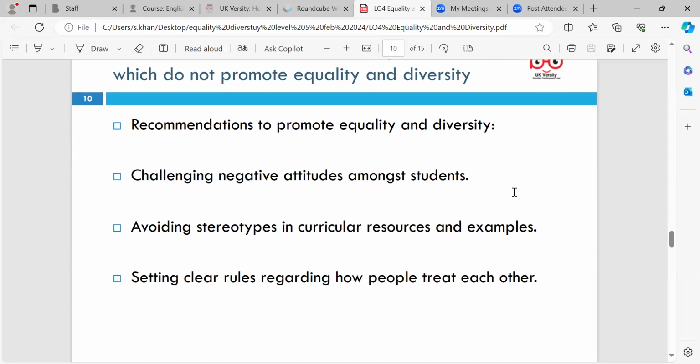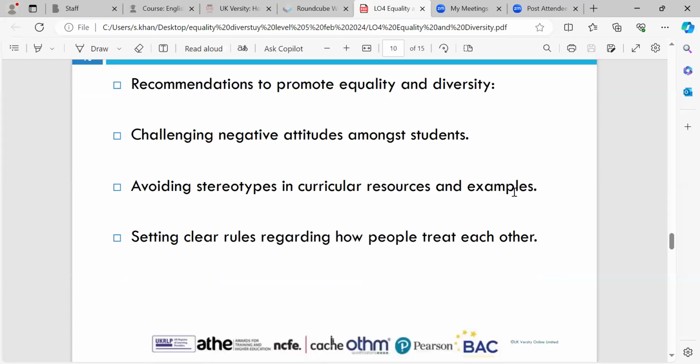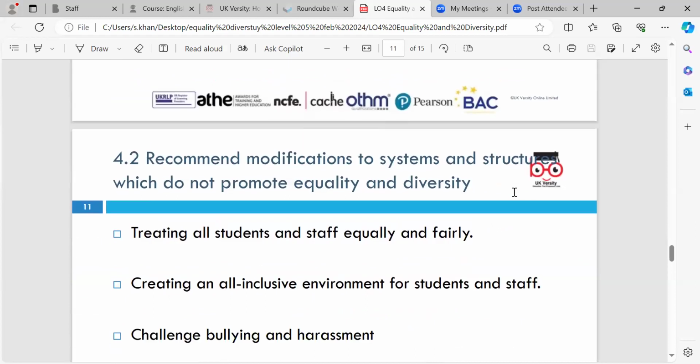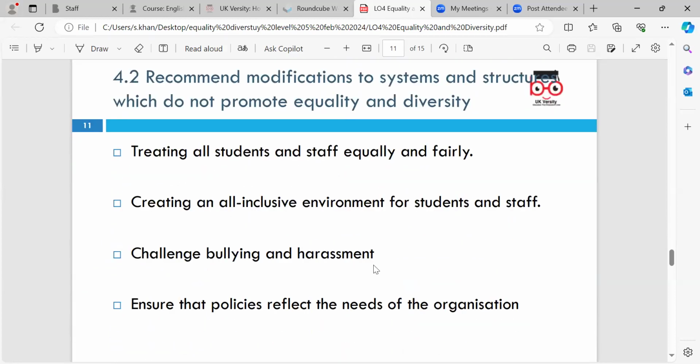Setting clear rules regarding how people treat each other is really important within schools, but within an organization as well. If you have clear rules on how you should treat people, then everyone should follow the policies and regulations in place that treat individuals fairly and don't discriminate against anyone. Treat all students and staff equally and fairly.